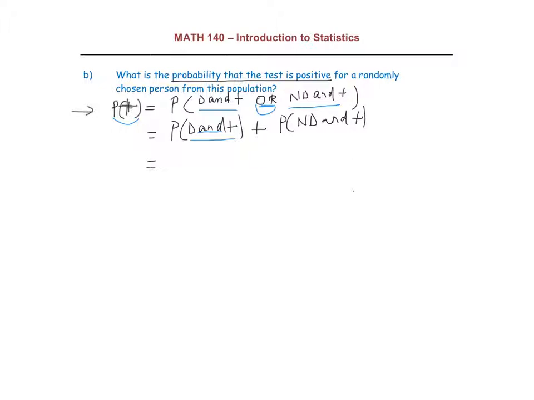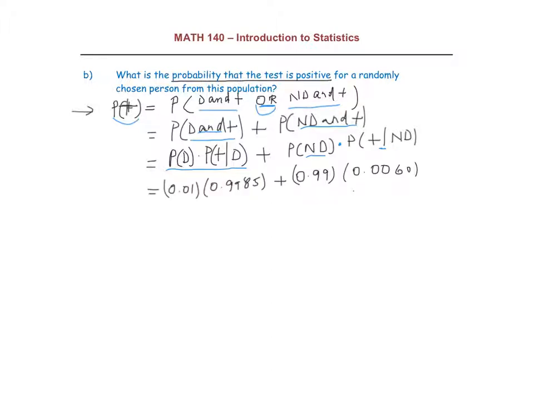So probability of disease and positive is equal to probability of disease times the probability of positive given that the person has the disease, plus the probability of no disease and positive is the probability of the first event, no disease, times, because it's a multiplication rule, probability of the second event given that, because the two events are not independent of each other, we do have to consider that the person does not have the disease.